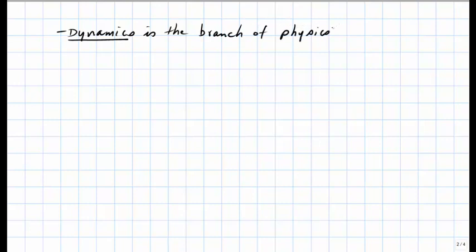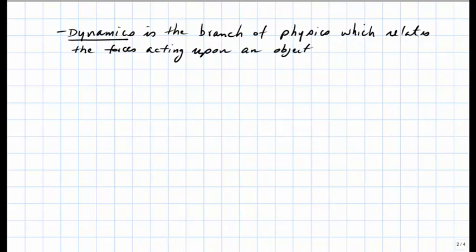We will now introduce the branch of physics known as dynamics. Dynamics is the branch of physics which relates the forces acting upon an object to the object's resulting acceleration.